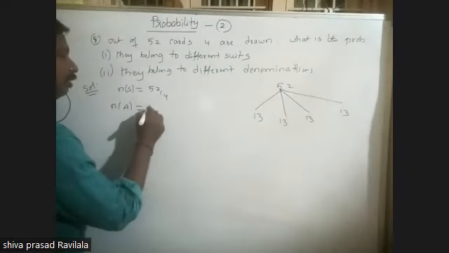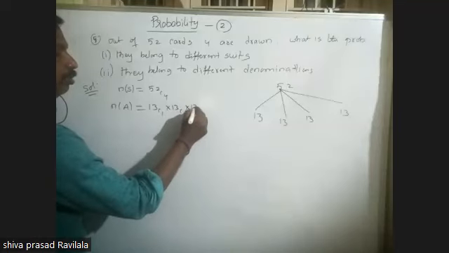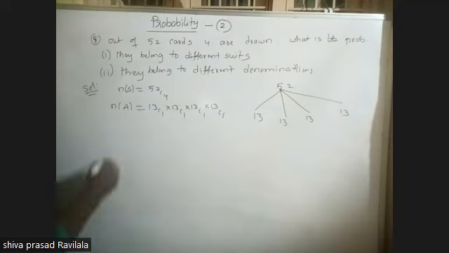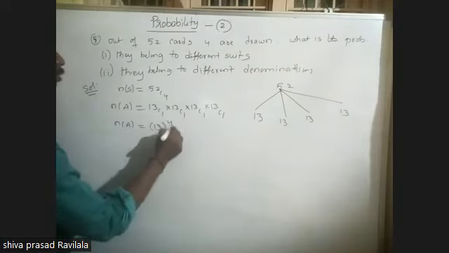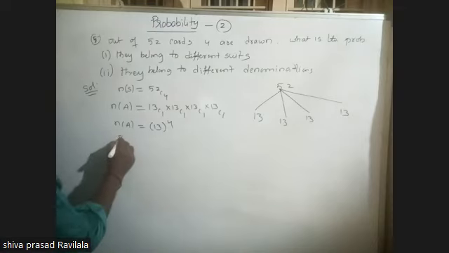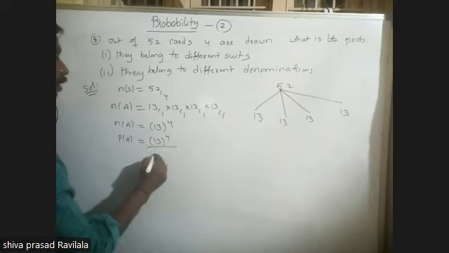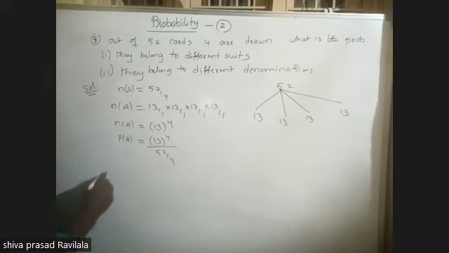Therefore, n of a is equal to 13C1 into 13C1 into 13C1 into 13C1, that is 13 power 4. Finally, P of A is equal to 13 power 4 by 52C4. Clear?